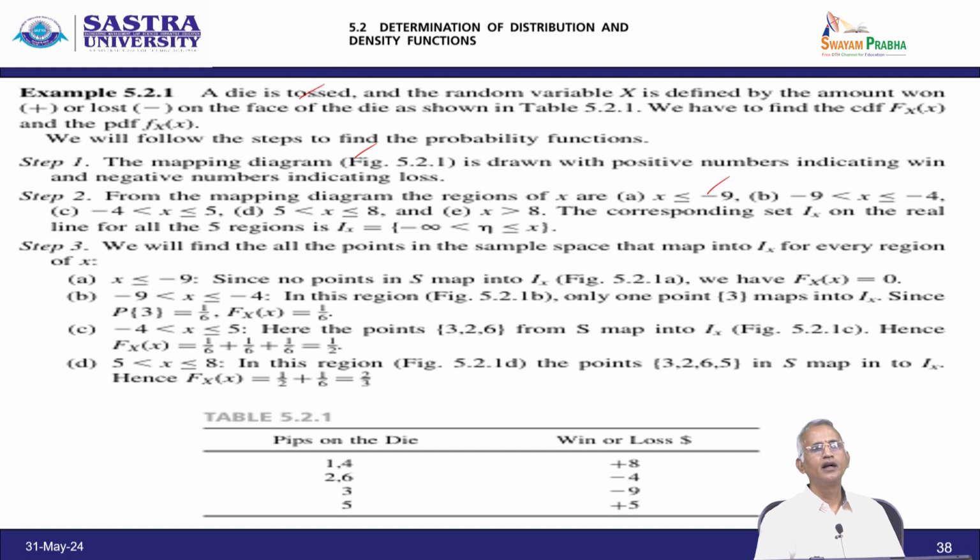So, 5 regions, and the corresponding set Ix on the real line for all the five regions. Therefore, eta ranges from minus infinity to x.